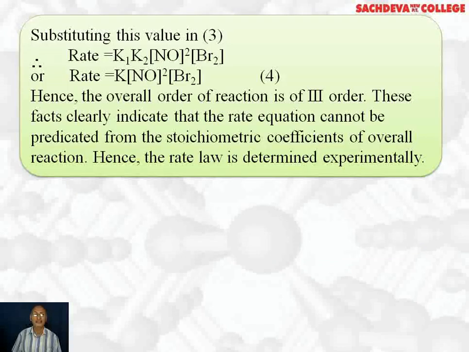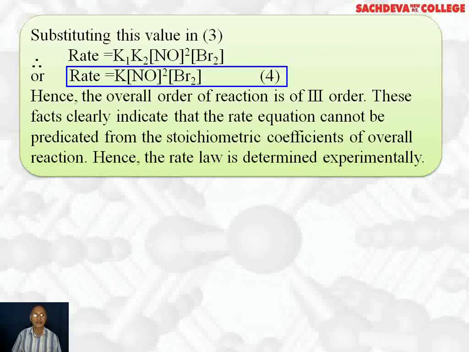Let's substitute this value in equation 3. Rate will be equal to K1 into K2 into NO raised to the power 2 into Br₂ raised to the power 1. Or rate is equal to a constant, K, into the molar concentration of NO raised to the power 2 into Br₂ raised to the power 1.